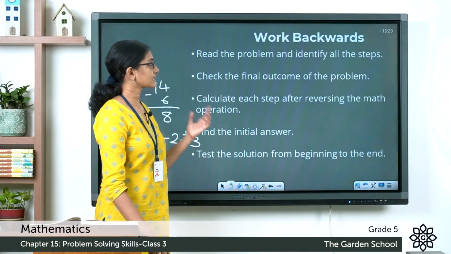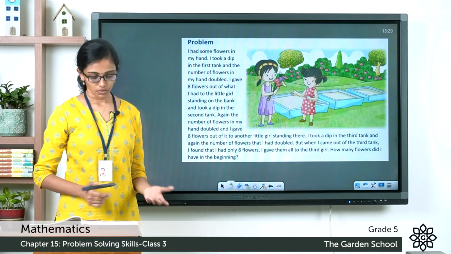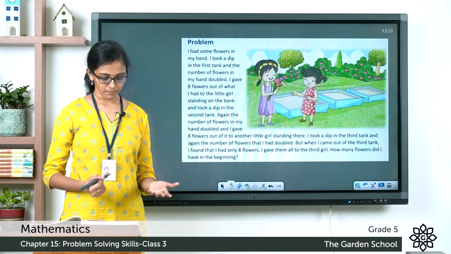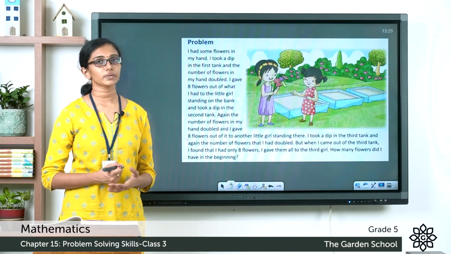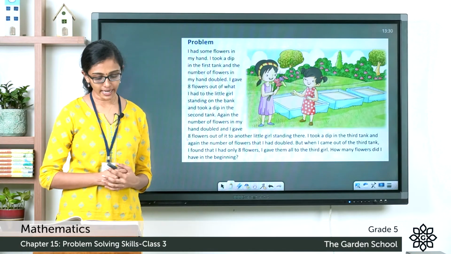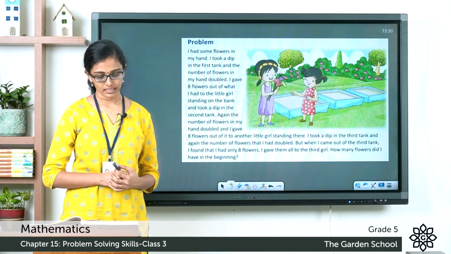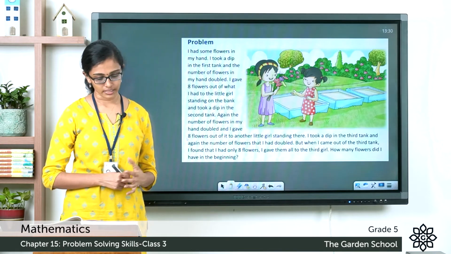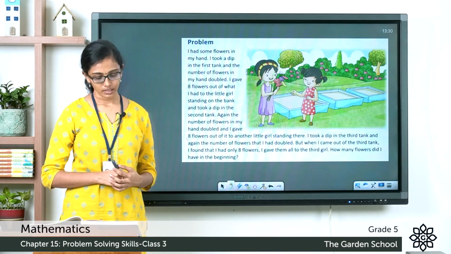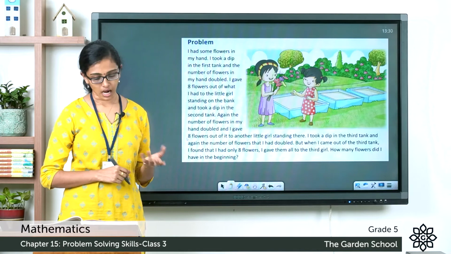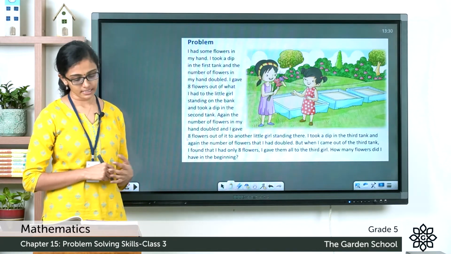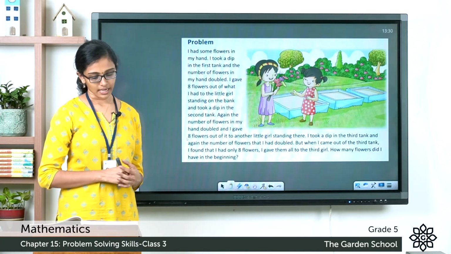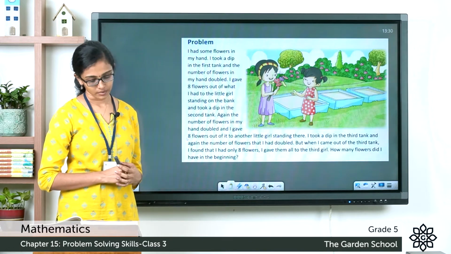Now we'll see one example from your textbook. You can see this problem in page number 212. Let me read the question to you. I had some flowers in my hand. I took a dip in the first tank and the number of flowers in my hand doubled. I gave 8 flowers out of what I had to the little girl standing on the bank and took a dip in the second tank.